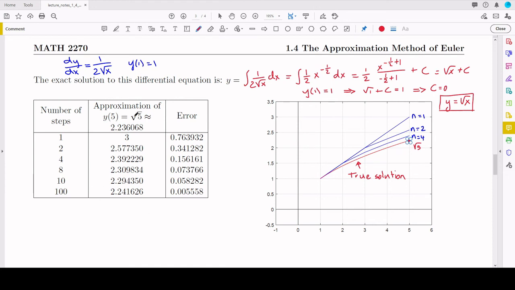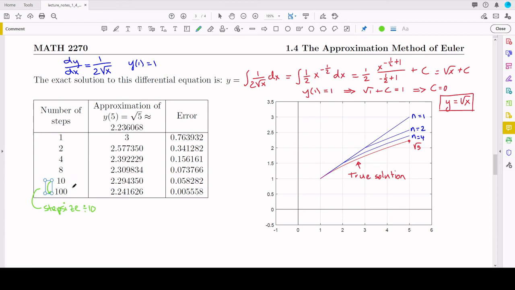And there's another interesting thing going on here. If I increase my number of steps, basically what I'm doing there is I'm dividing my step size by 10. Right?